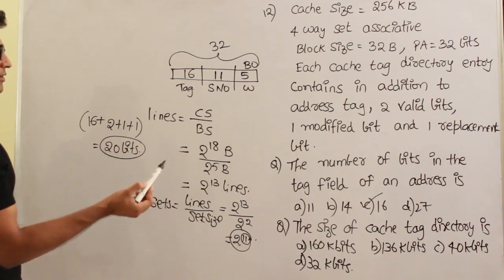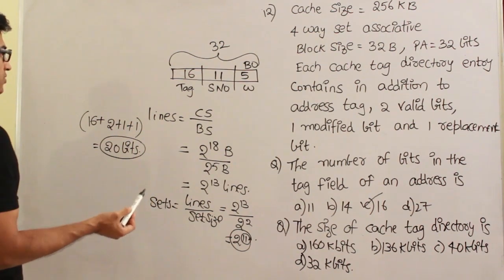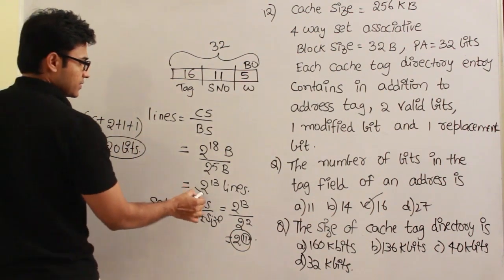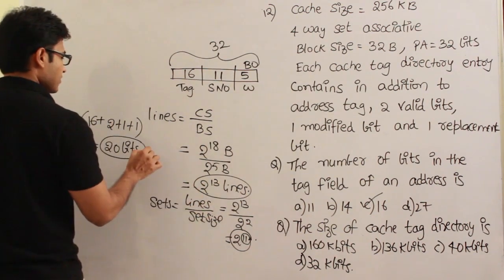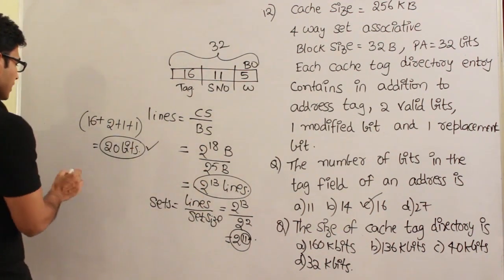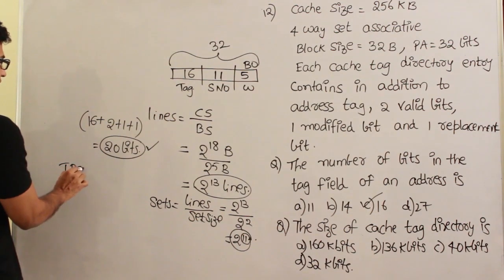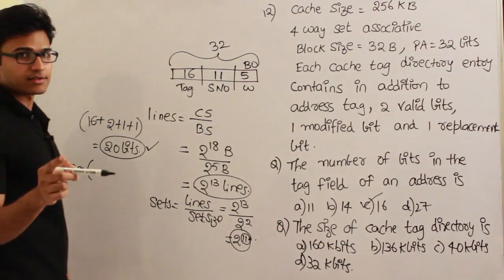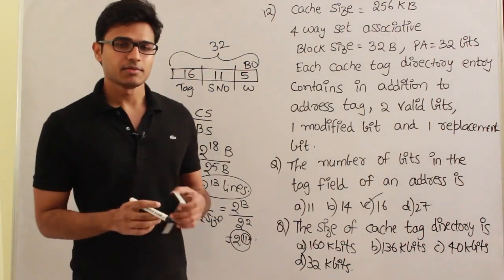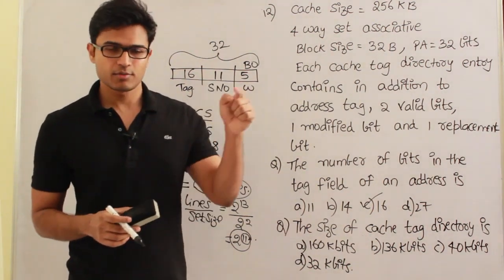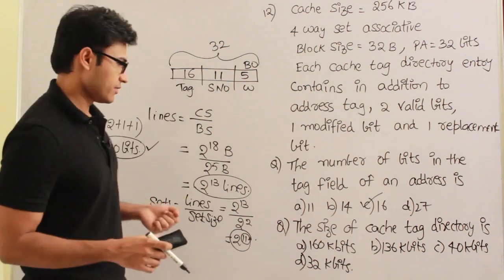Now how many tag entries will be there in the tag directory? That depends on the number of lines. For every line there is one entry. Therefore tag directory size equals number of bits per entry times number of entries. It is exactly like page table size, which is equal to number of entries into size of each entry, isn't it?